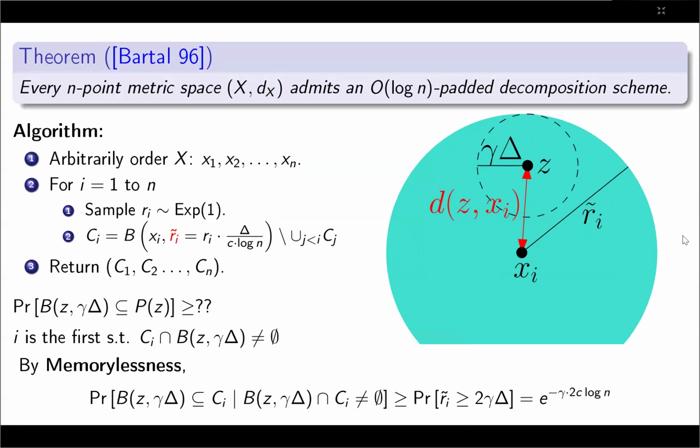Given the fact that you already grew until this point, you only need to grow additionally the diameter of this ball, which is 2 gamma delta in size, to cluster the entire thing. By memorylessness, the probability that this event will occur is e to the minus gamma times the scaling here, which is log n. So you see that we get exactly the Padecki parameter that was promised, which is log n.